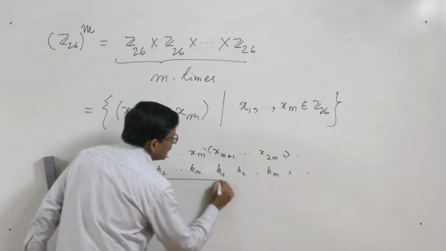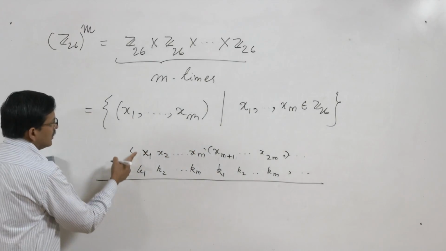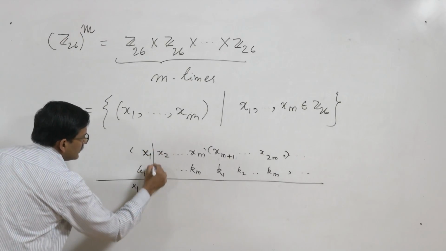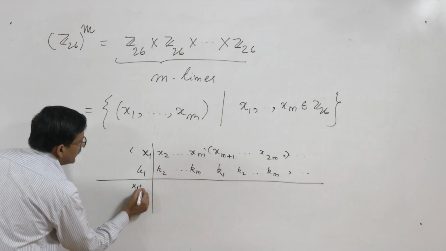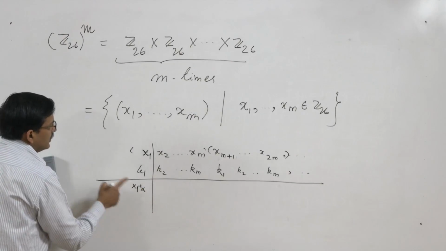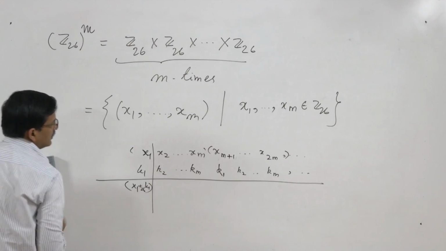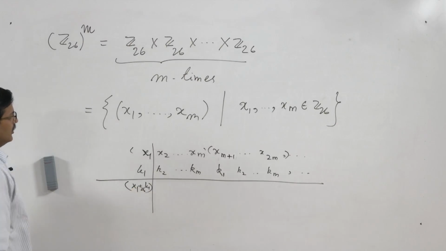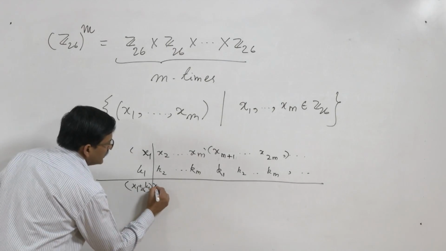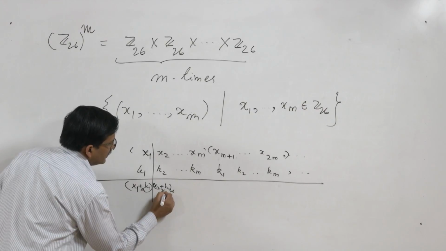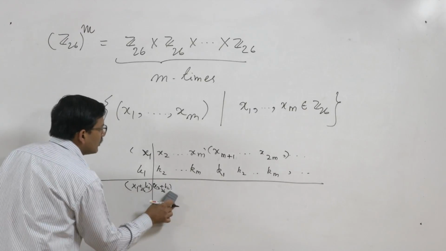The encryption is computed in this way: x1 plus k1 mod 26, x2 plus k2 mod 26, and so on.